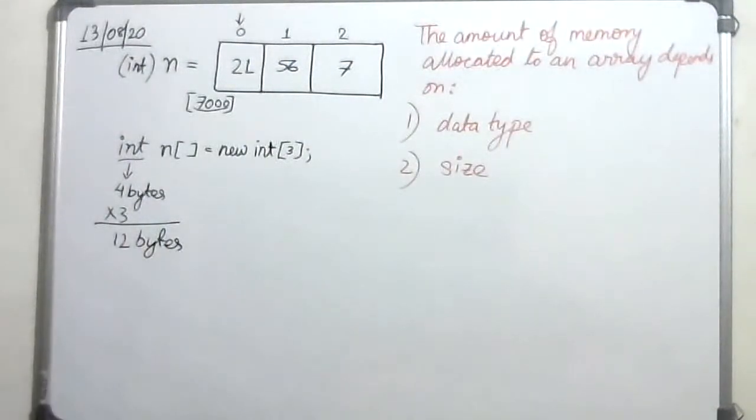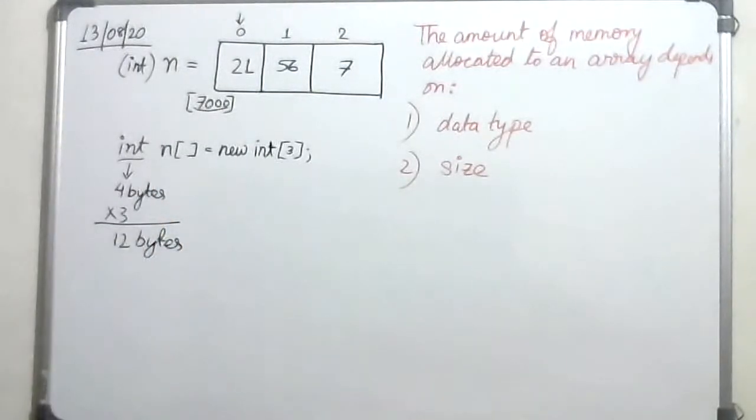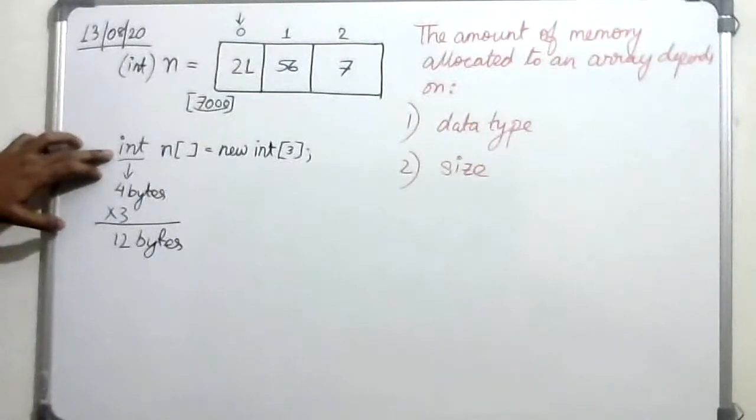They might give you questions where you have to calculate the total amount of memory. They'll give you an array that is defined in a way like this, and they'll ask you what is the total amount of memory that this particular array requires.